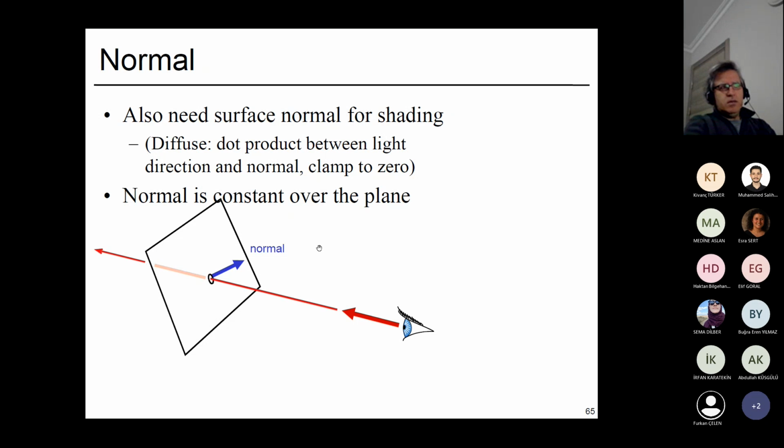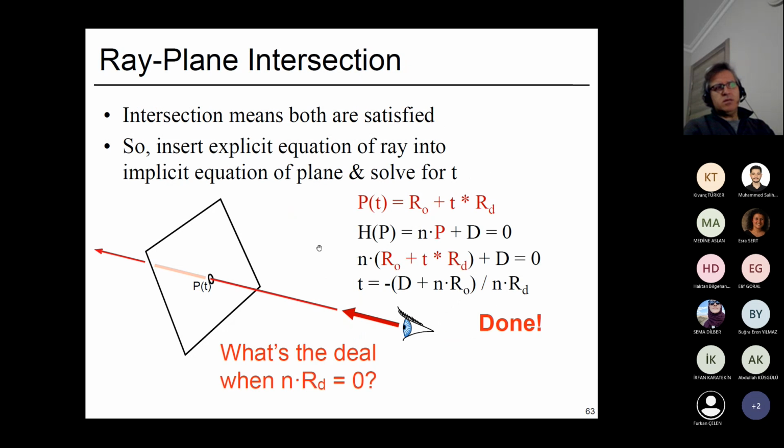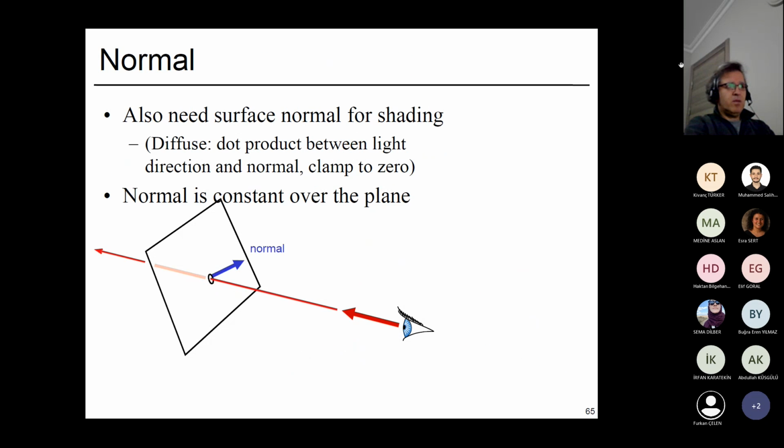So for a given normal, this part will be fixed for every ray. I will only be worried about this other part of the ray changing.